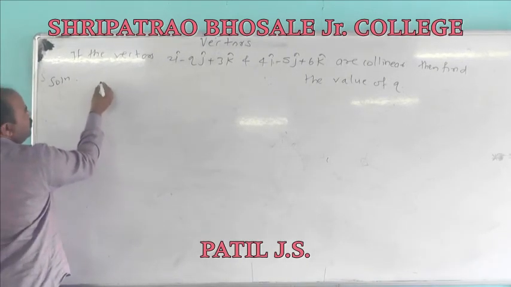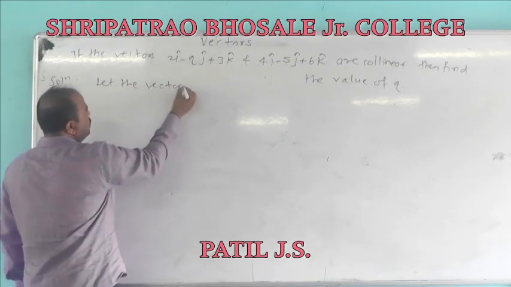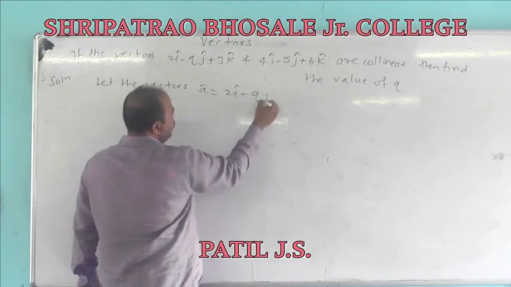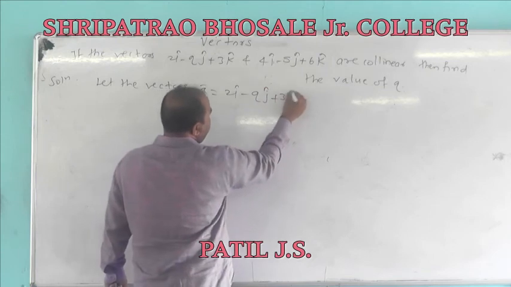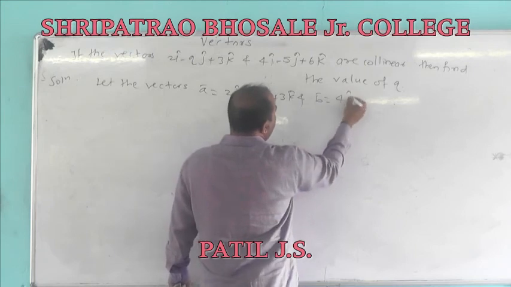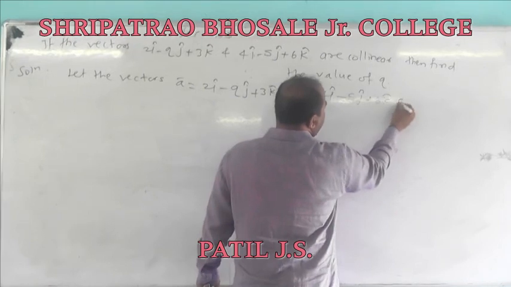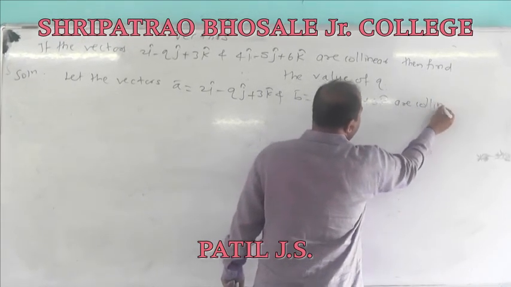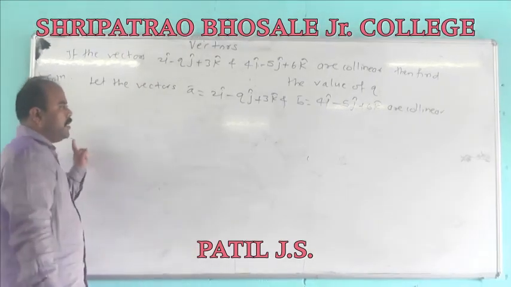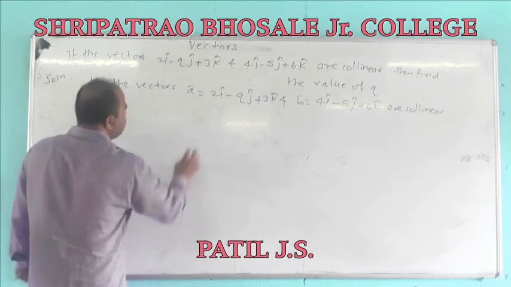Solution. First, get the vectors: a bar is equal to 2i cap minus q j cap plus 3k cap and b bar is equal to 4i cap minus 5j cap plus 6k cap, collinear. That means one is a scalar multiple of the other, and the coefficients of i, j, k are proportional.